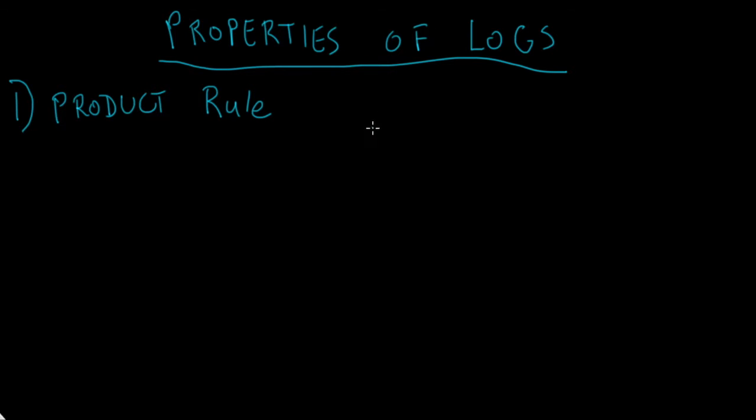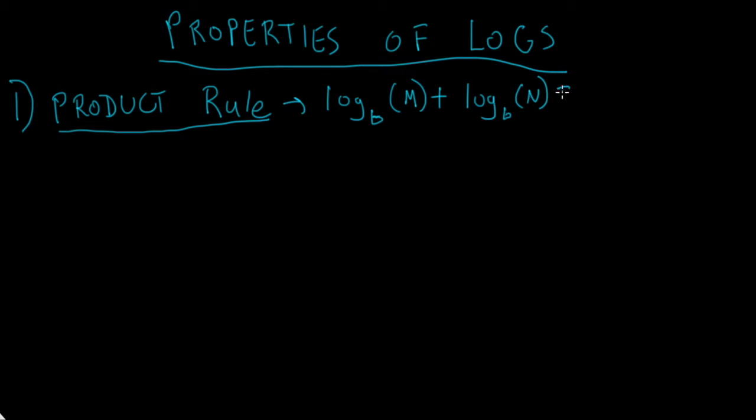The product rule says that log base b of a certain number, we'll call it m, plus log base b of a number n, is equal to log base b of m times n.